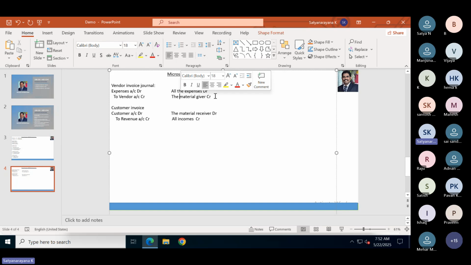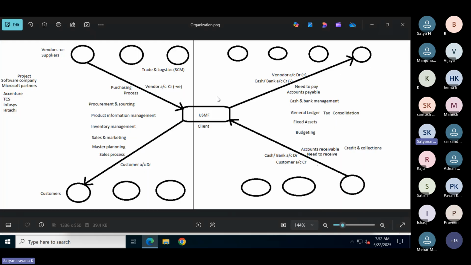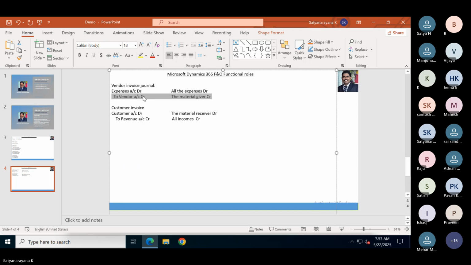Credit the giver, because the vendor is the giver to our company, because this is your company. You need to imagine you are running your business. The giver, the receiver. I cannot amend the rule because I'm a small guy in accounting terminology. Chartered accountants, accounts experts, designed this rule.